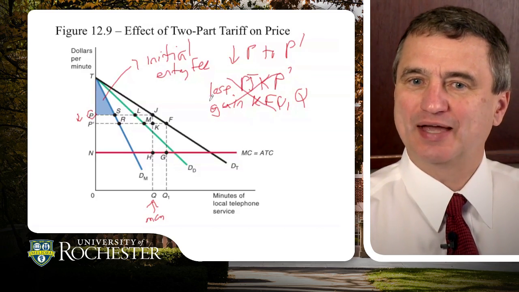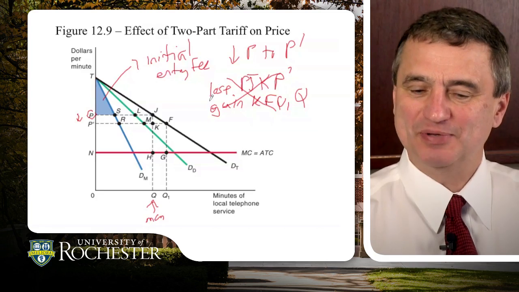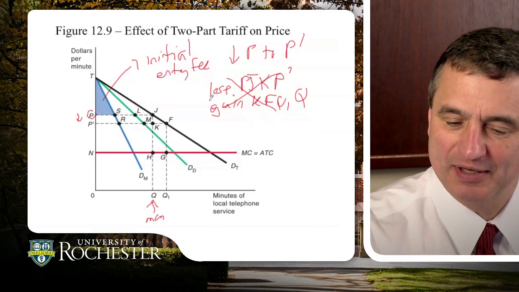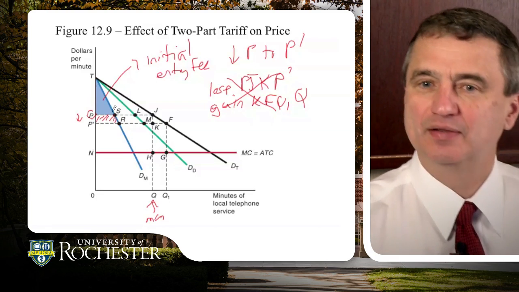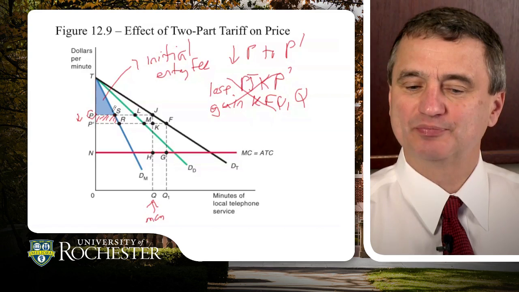But by lowering that price to P prime, we also pick up a higher entry fee that we can charge these two consumers.